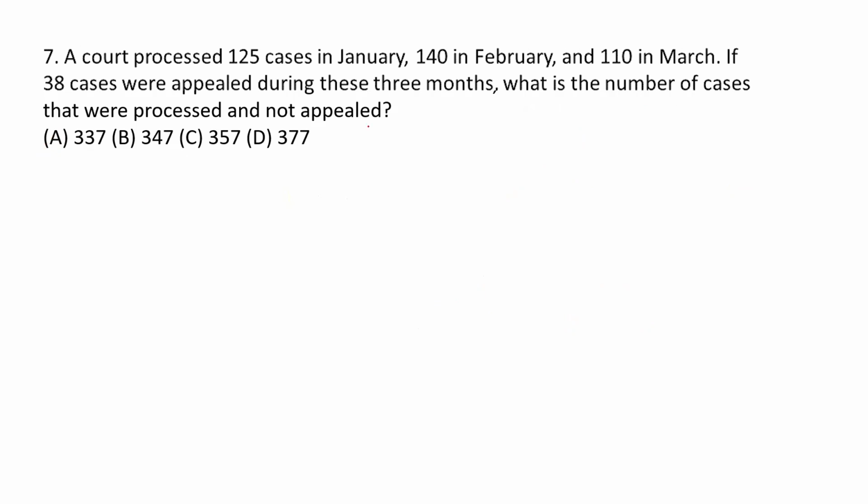Next problem. A court processed 125 cases in January, 140 in February, 110 in March. Okay, these many cases. If 38 cases were appealed during these 3 months, what is the number of cases that were processed and not appealed?